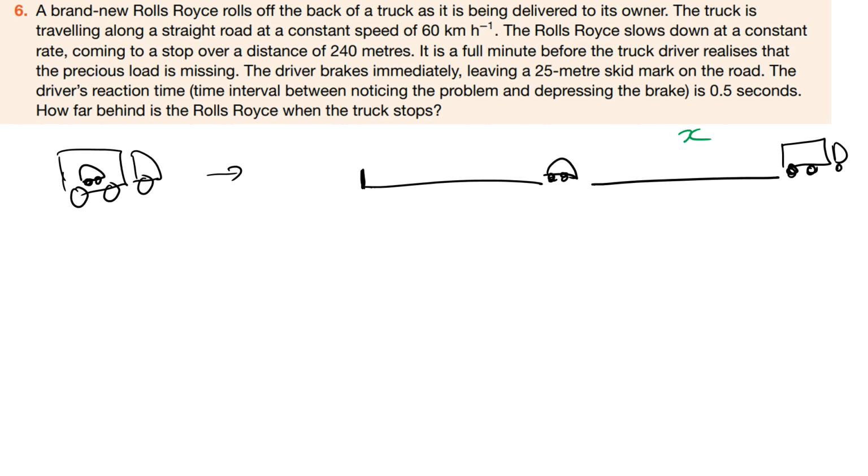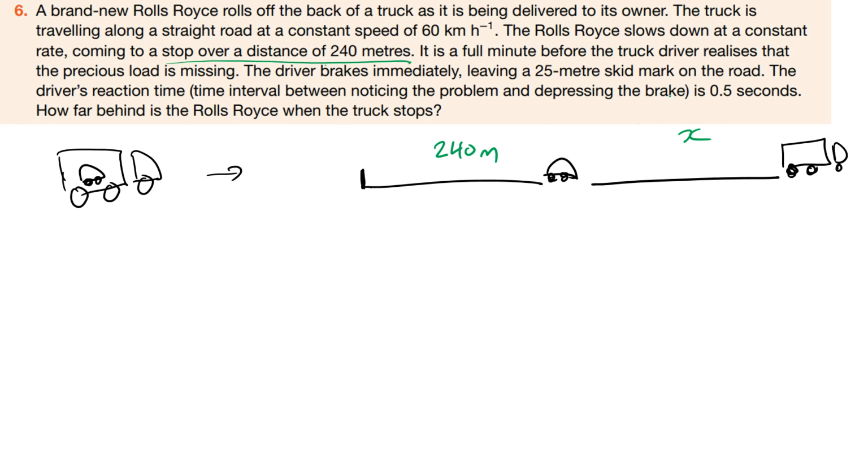Okay, so the best way that I think to do this is to break it down into two parts. The first part is how far does the car go? The car is easy. It says the car comes to a stop over a distance of 240 meters. So this value here is 240. Perfect. Done. We don't need that at all afterwards. We just needed to know that it was 240 meters.